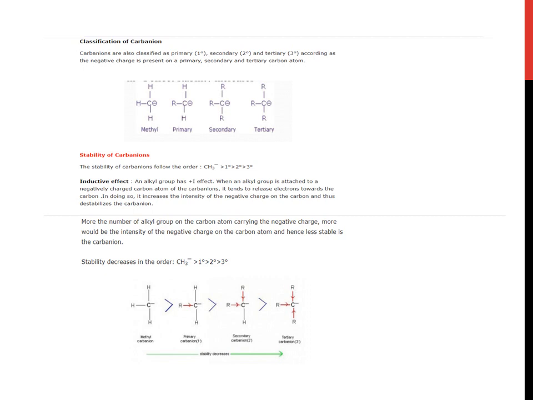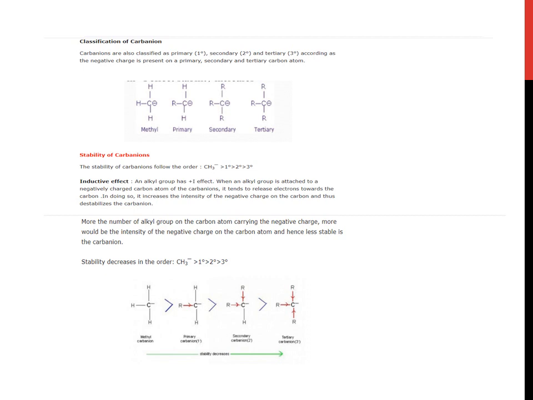Now, classification of carbanions. As you have done classification of carbocations, now start with this. Carbanions are also classified as primary 1 degree, secondary 2 degree and tertiary 3 degree, according to whether the negative charge is present on a primary, secondary or tertiary carbon atom. Here is the example. Let us start with methyl.